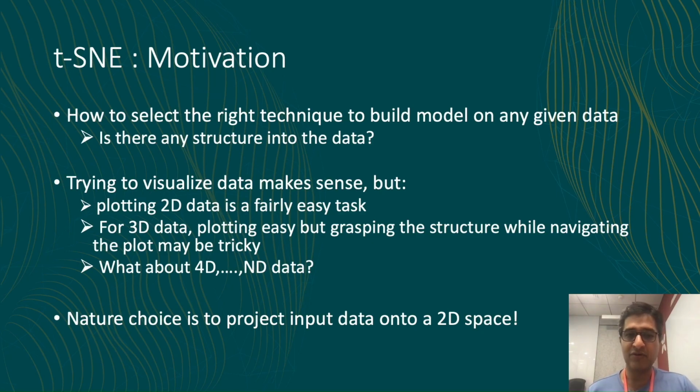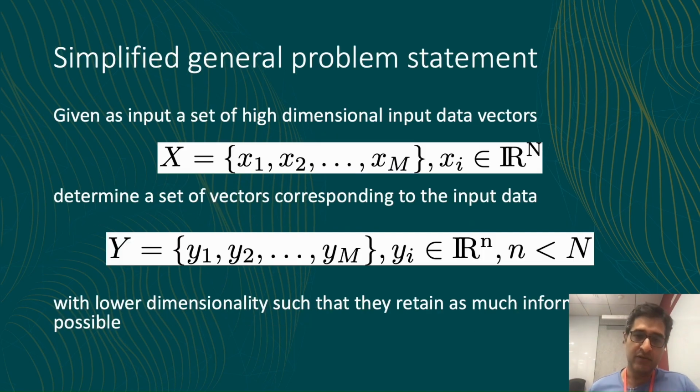You have to make sure that a certain structure of the data is maintained. So to solve this problem, this is the approach that is taken. The structure of the problem is the following: you are given as input high-dimensional data vectors, which let's denote by X. These are in a very high dimension, capital N, let's say.